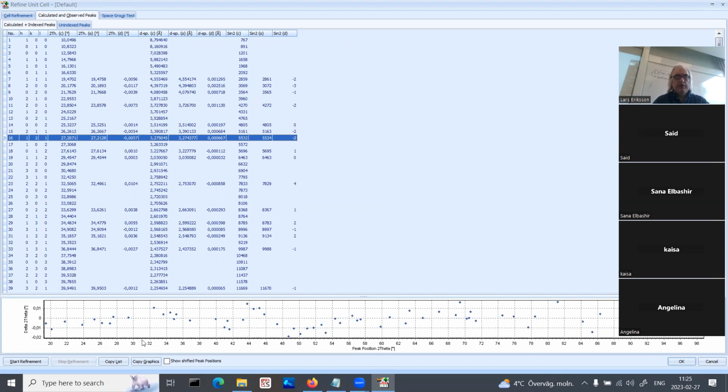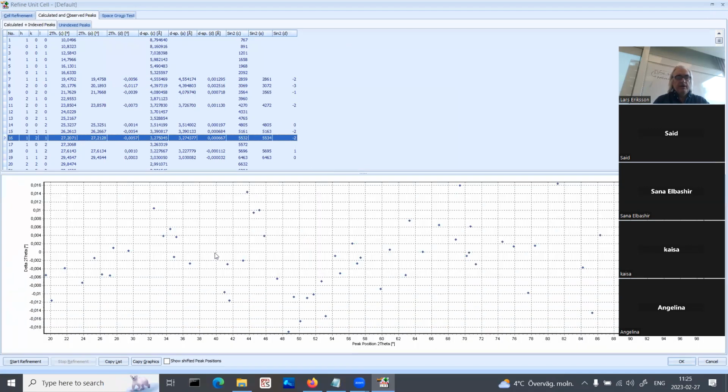We have a reasonable unit cell with a high figure of merit, and this is the variation of peak positions, calculated peak positions compared to observed. And you need to look at the scale here. It's something like less than plus minus 0.02.